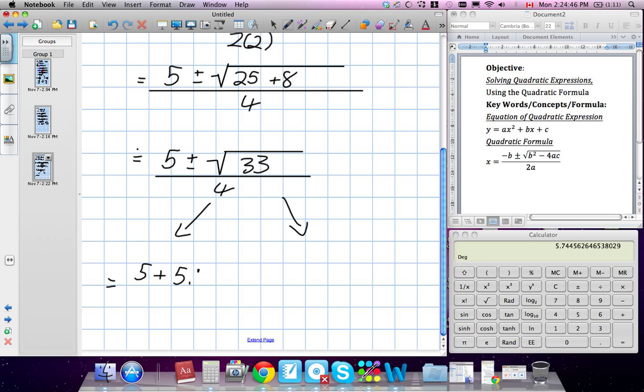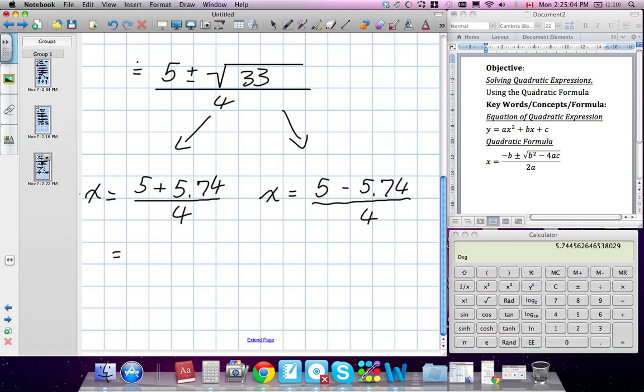So I now get 5 plus 5.74 divided by 4, and 5 minus 5.74. 2 decimal places is good. Okay, remember this is x equals.